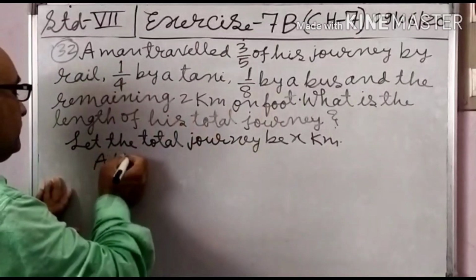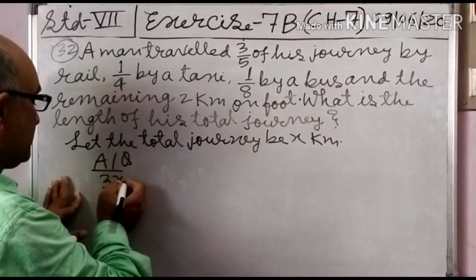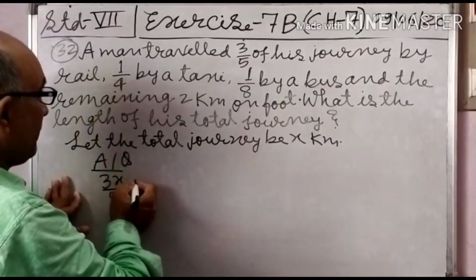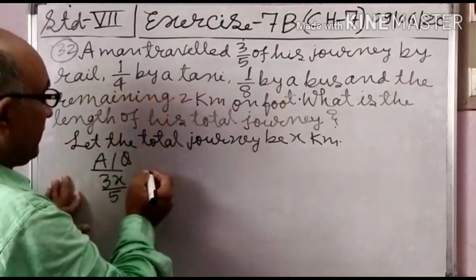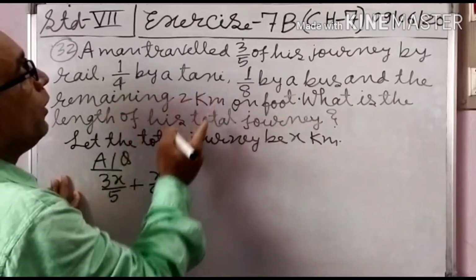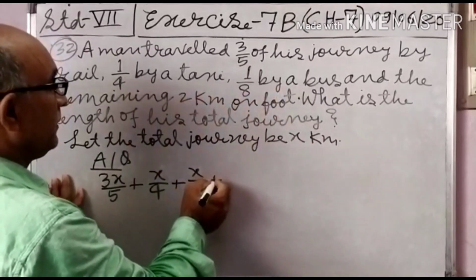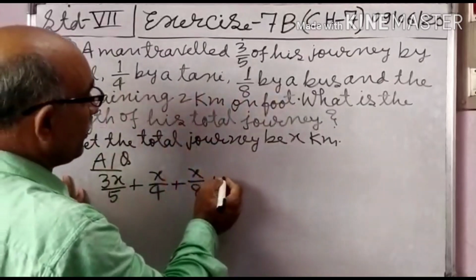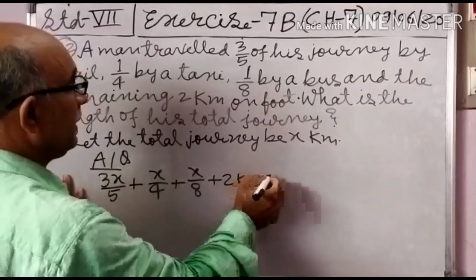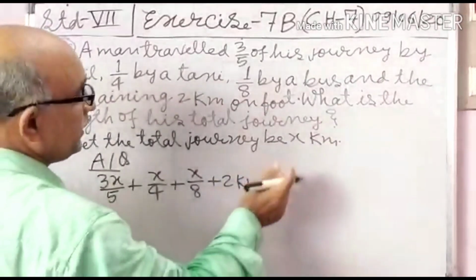According to question, 3/5 of x, that means 3x by 5 by a rail, plus 1/4 by a taxi, so x by 4, plus 1/8 by a bus, x by 8, plus remaining 2 kilometer equal to x kilometer.